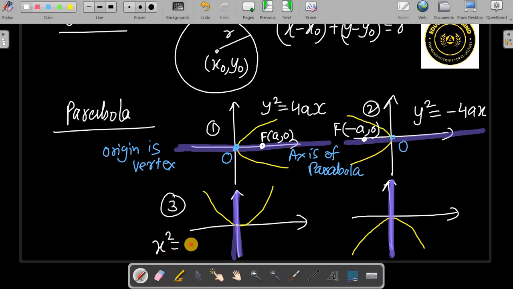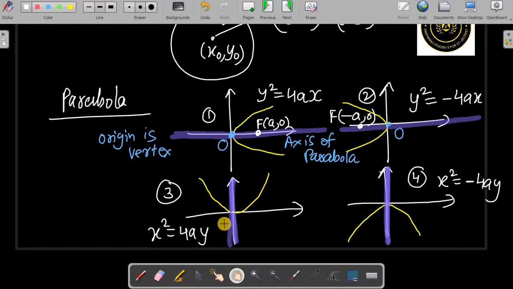So x square is equal to 4ay. And similarly in case of the fourth one, we can write x square is equal to minus 4ay. These are the standard equations of a parabola with the origin as vertex. Origin is the vertex here also, and the axis, in the third and fourth case, is the y-axis.